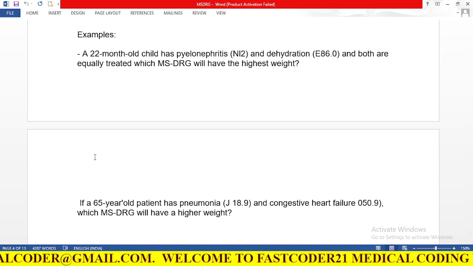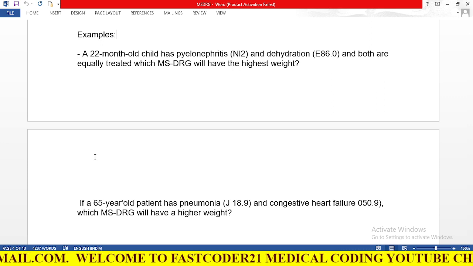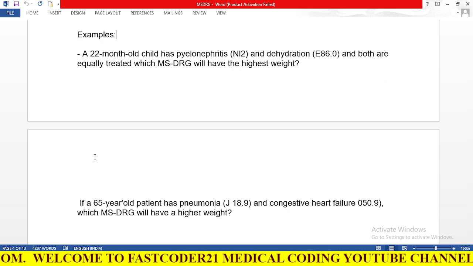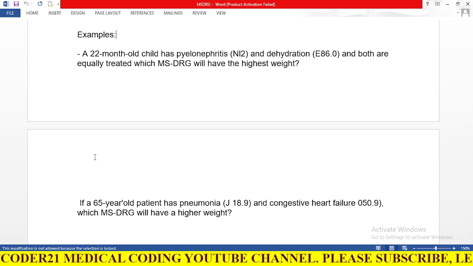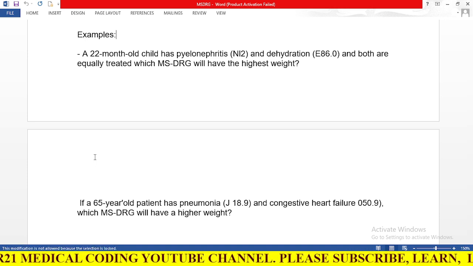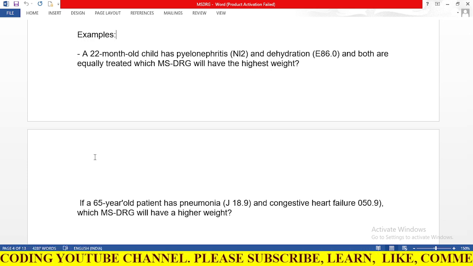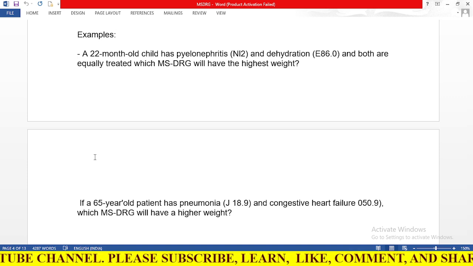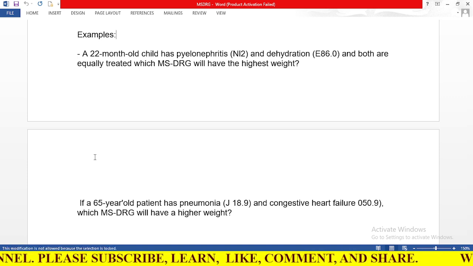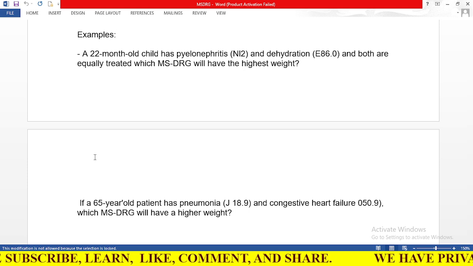So obviously pyelonephritis will be the PDX here and it will have the higher DRG weight, which is based on the coding guidelines: two or more diagnoses that equally meet the definition for principal diagnosis. So if both equally meet it, we need to consider the condition which has the higher DRG weight.